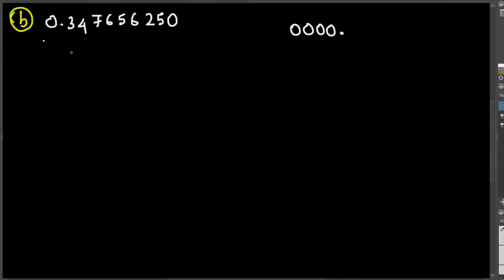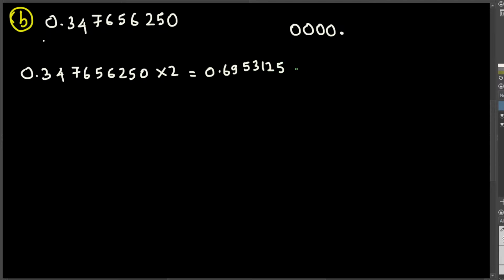Okay, so let's do this. Here we multiply 0.34765650 by 2. That gives us 0.6953125. And here we have a 0, so that one comes here.